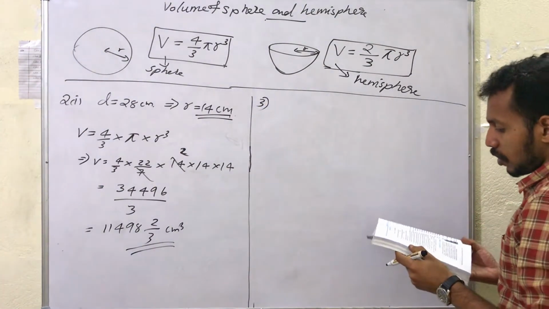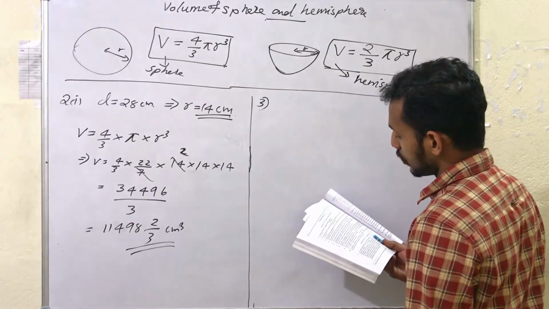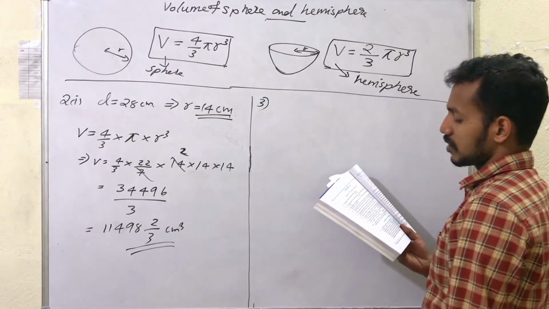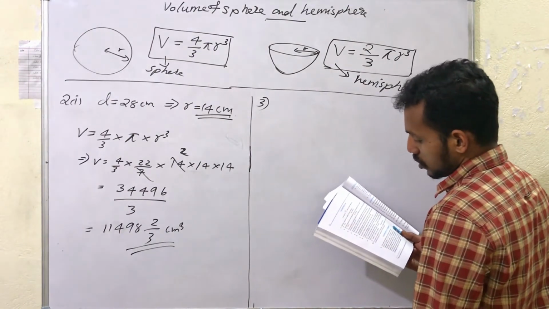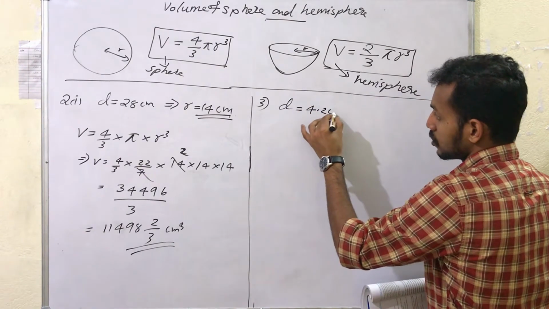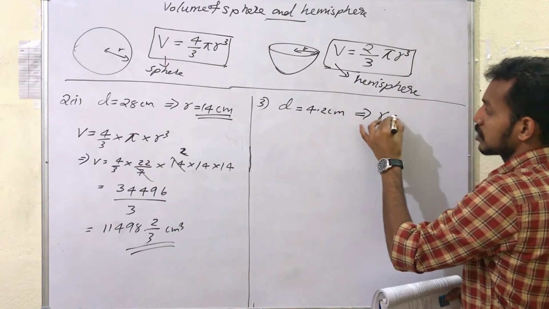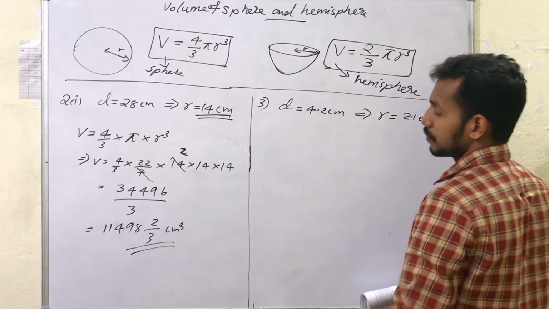The diameter of a metallic ball is 4.2 centimeter. What is the mass of the ball if the density of the metal is 8.9 gram per centimeter cube? So the diameter is given, 4.2 centimeter, implies radius is equal to 2.1 centimeter, half of the 4.2.